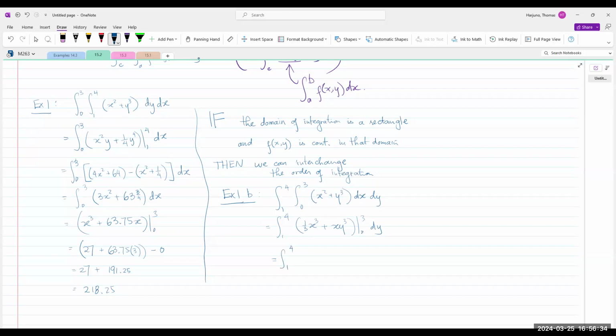When I plug in x equals 3, I will get 9, and then 3y cubed dy, and then when I integrate that, I get 9y plus 3/4 y to the 4th from 1 to 4.